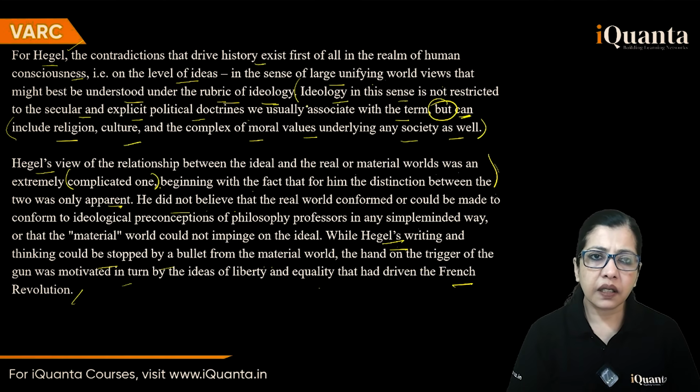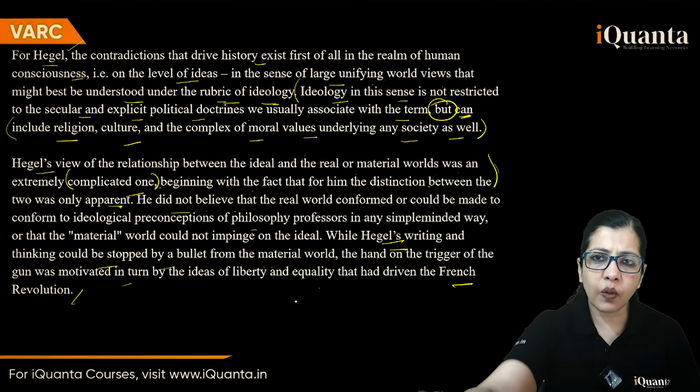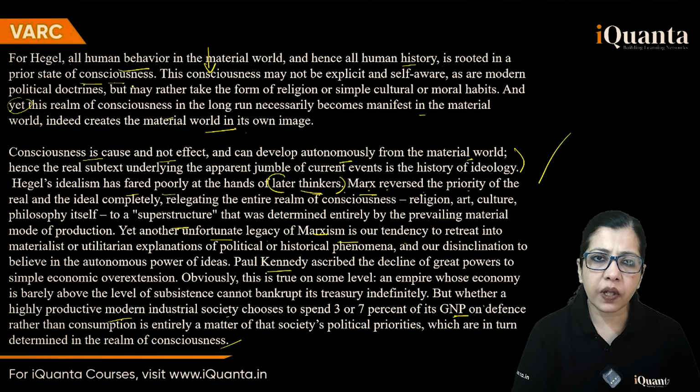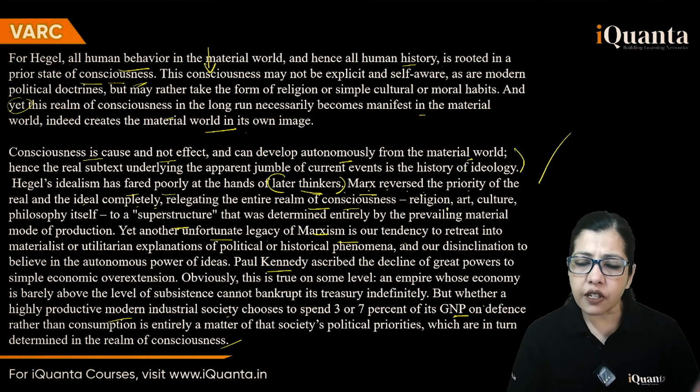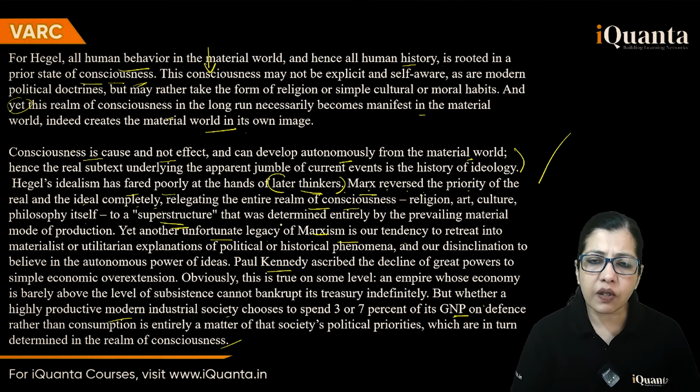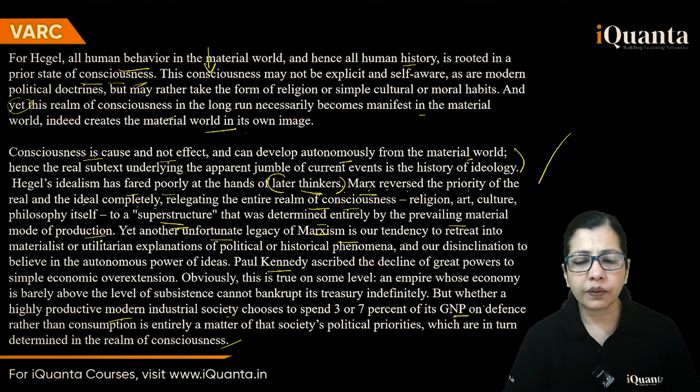Consciousness. Alright. The material world was an extremely complicated one. Preconceptions. And something over here. Then the author comes up with consciousness. He explains all the consciousness here. Marx reversed the priority of the real and the ideal completely, relegating the entire realm of consciousness, under religion, art, culture, philosophy itself, to a superstructure that was determined entirely by the prevailing material mode.